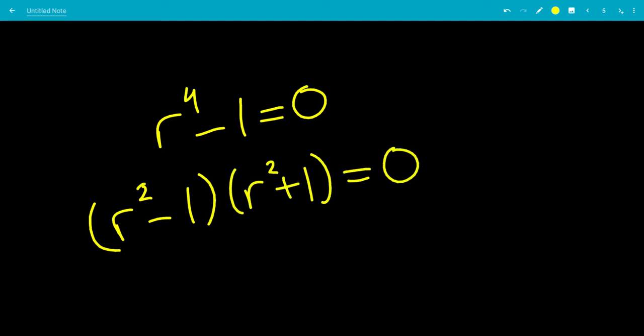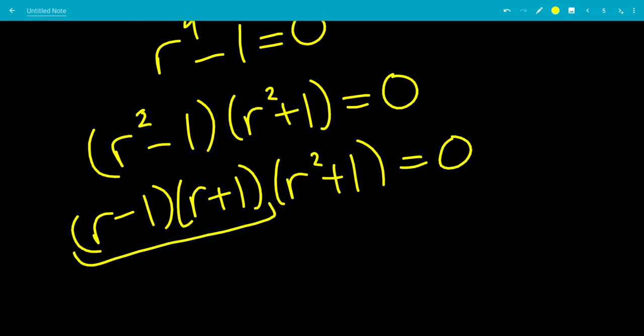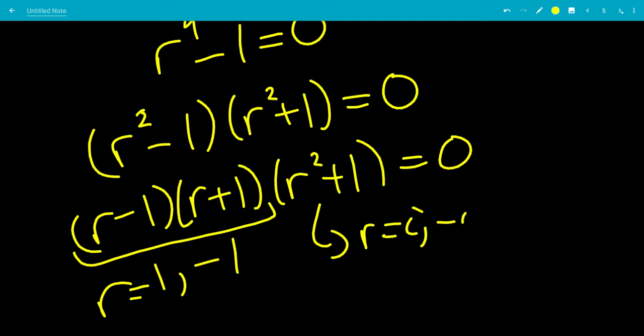Then we can factor it further as r minus 1 times r plus 1 times r squared plus 1 equals 0. From these, the real values for r will be 1 and negative 1. For the last factor, you can factor again: r minus i, r plus i, so r equals i and negative i.